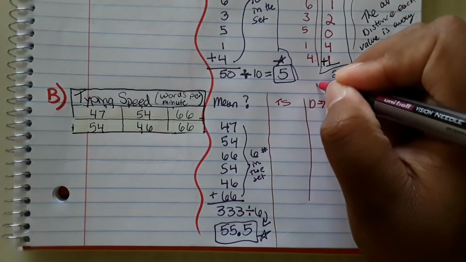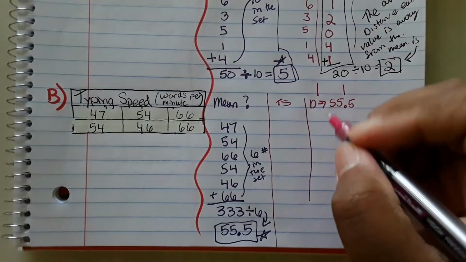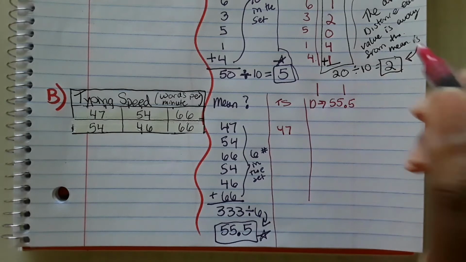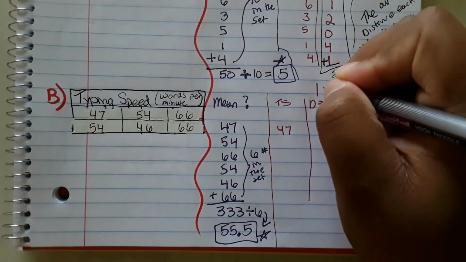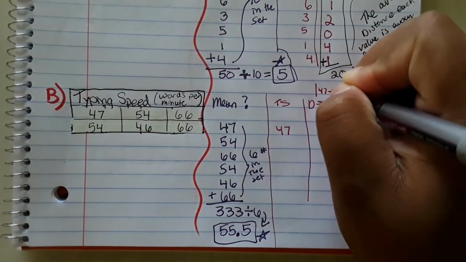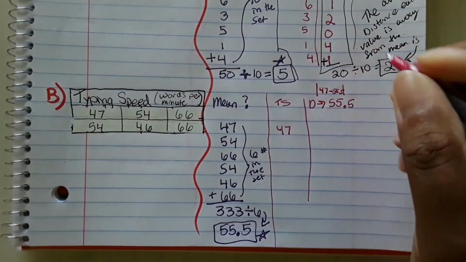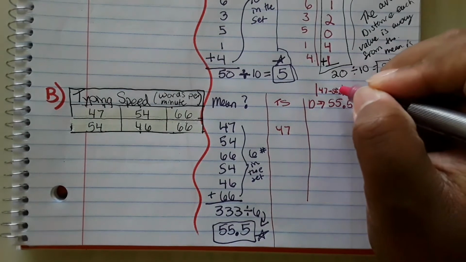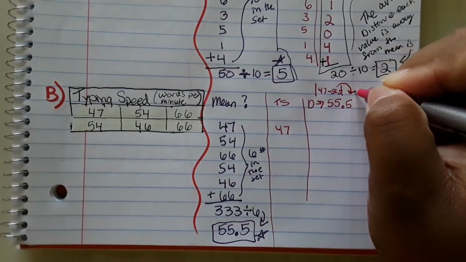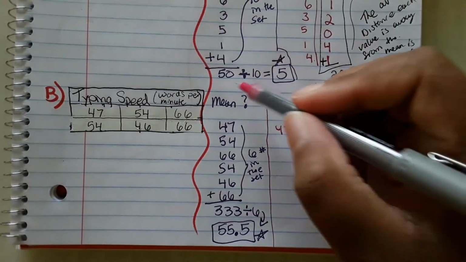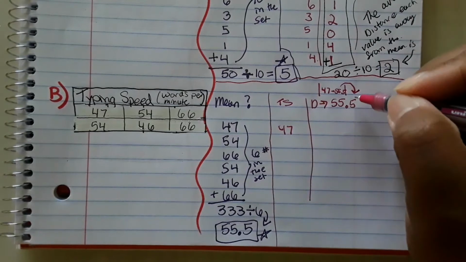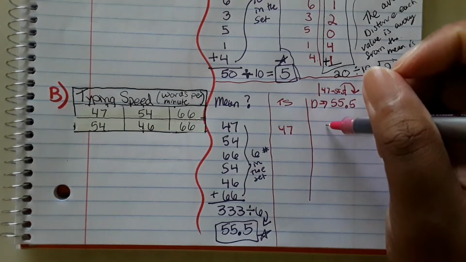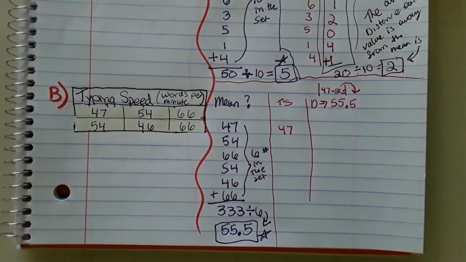And again, when we're putting in our first one, which is 47, we want to know how far it is away from 55 and 5/10, so you do 47 minus 55 and 5/10. When we put that in, you're going to get a negative number. But because it's absolute value, remember, when you come out of it, your answer is always positive because it's a measure of distance. So we're just going to record it as a positive number.